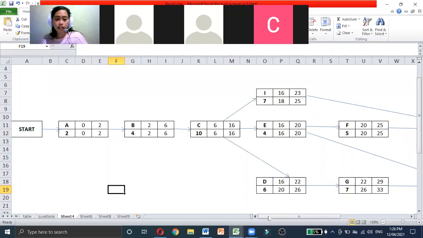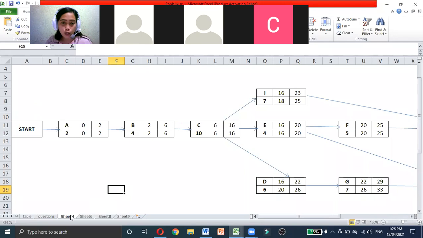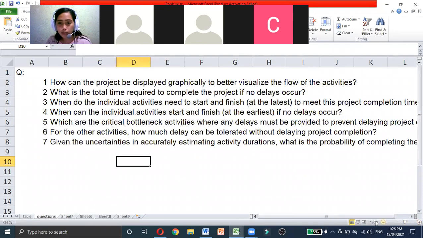Now, let's go back to the questions with the construction manager. We are done answering how the project can be displayed graphically to better visualize the flow of the activities, which is the project network. How about question number 2?